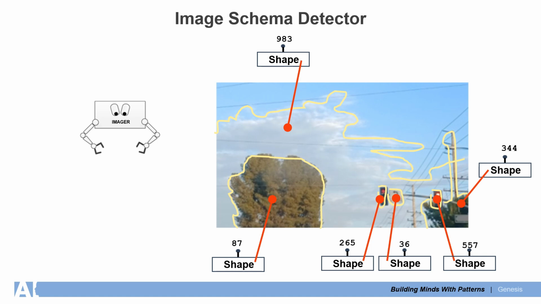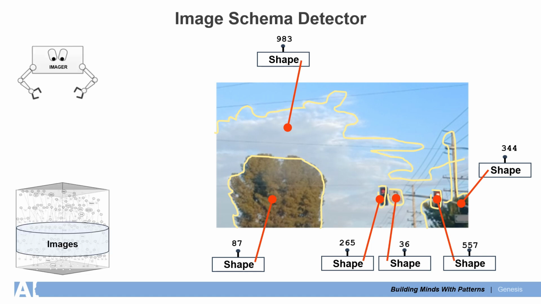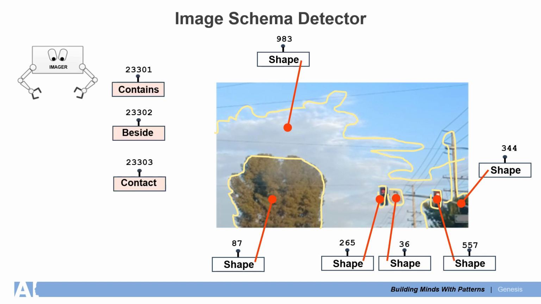Assuming that shapes have already been found, the image schema detector analyzes the current arrangement of shapes and retrieves image schema relationships among the shapes. Each image schema is connected to the related shapes.